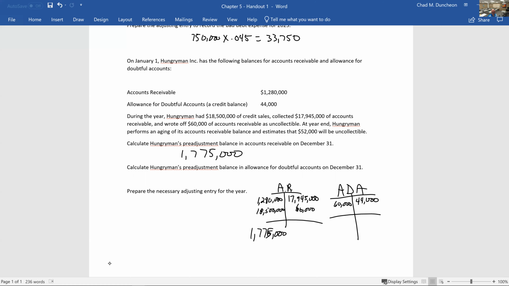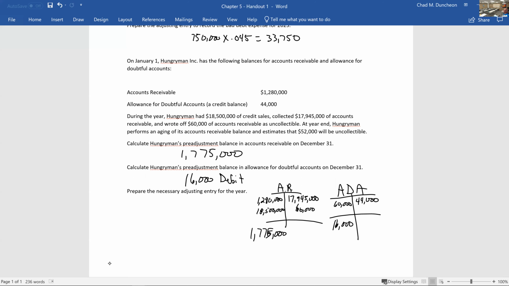What was the pre-adjustment balance in the allowance for doubtful accounts? We have 44,000. I can subtract the 60,000 and find that I have a 16,000 balance, but it is on the debit side. On this one, you need to note whether it is a debit or a credit. While we normally increase it with a credit, it might actually have a debit balance.